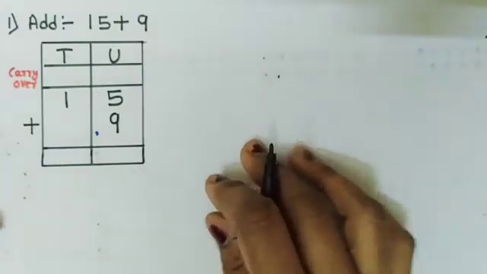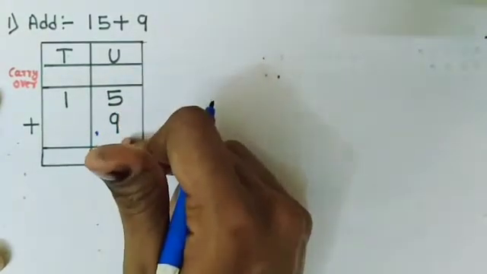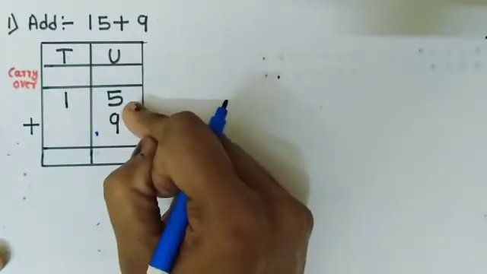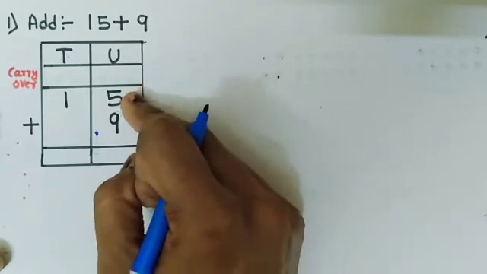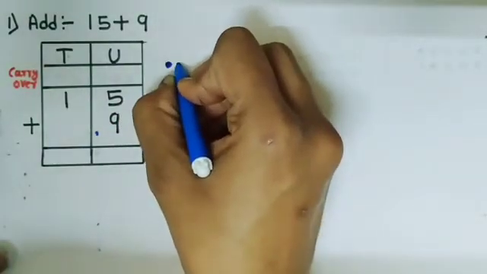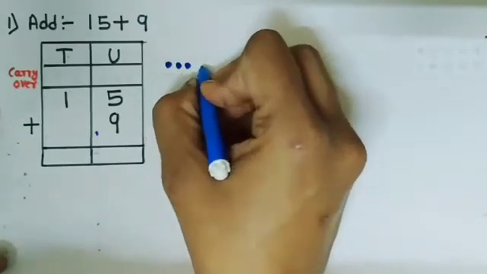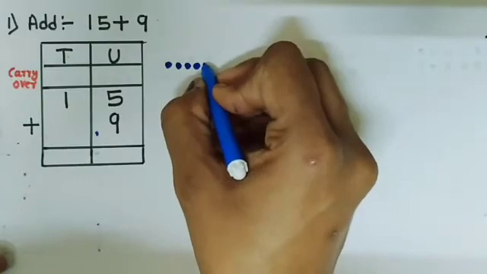Now we will start to add the numbers from the unit column. Here 5 plus 9. So here I will draw first 5 dots. 1, 2, 3, 4, 5.